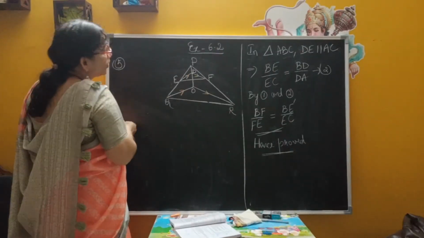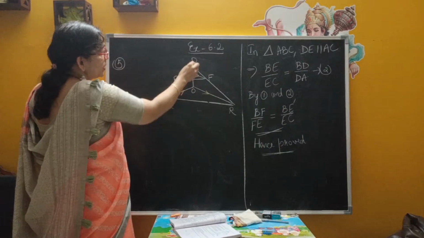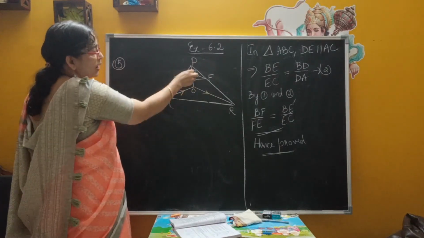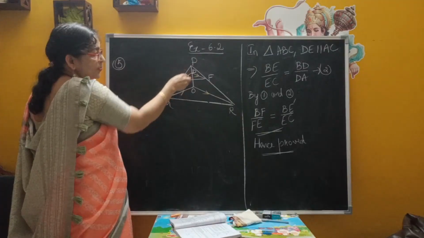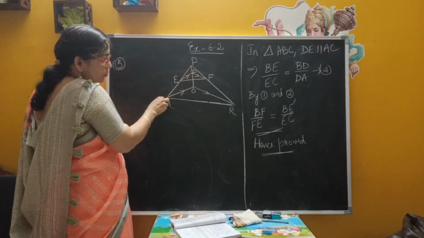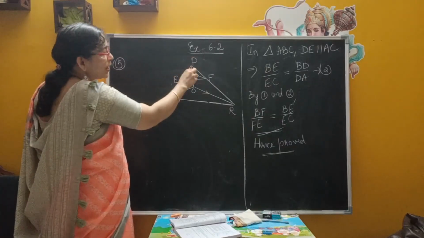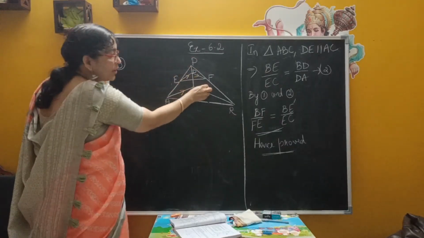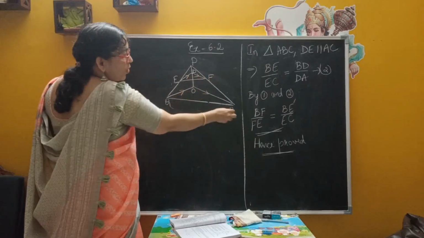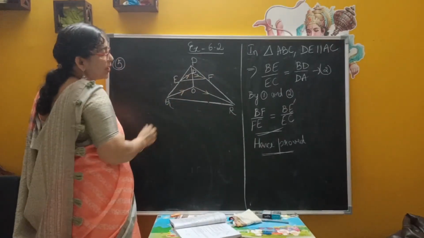How do you prove now? So take the triangle, which one? POQ. Since they have given that these two lines are parallel, what do you say? PE by EQ is equal to PD by DO. In another triangle, they have given DF is parallel to OR. So what do you write?